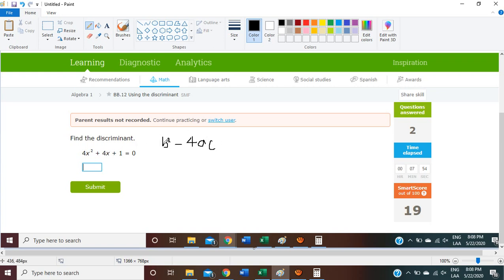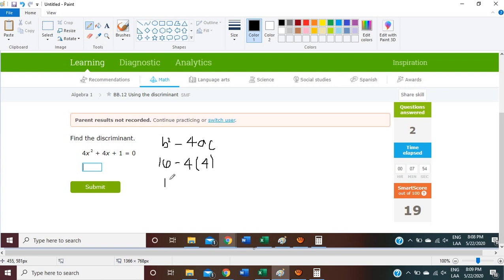We know that b is 4 and b squared is 16. Minus 4 times a times c, so a is 4 and c is 1. 4 times 1 equals 4, so 4 times 4.